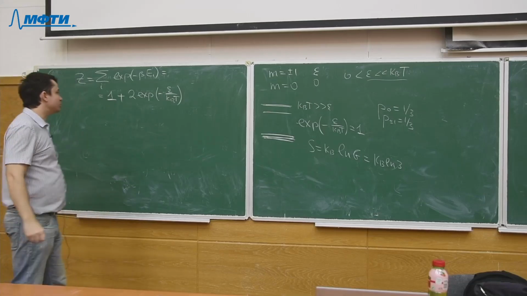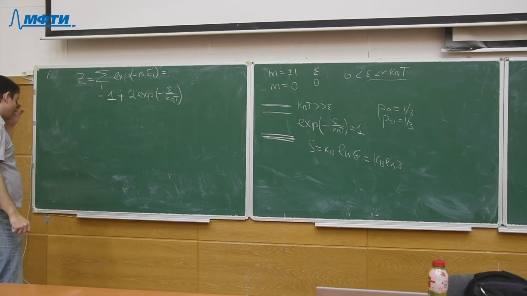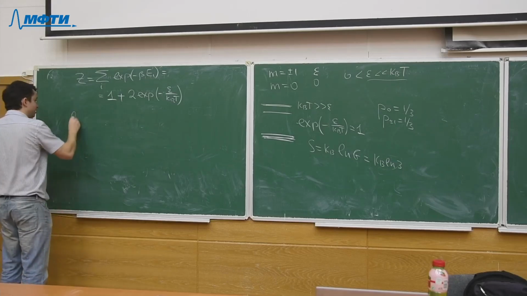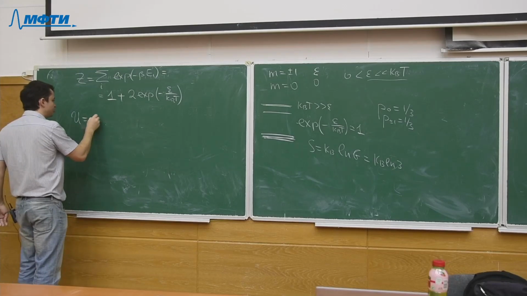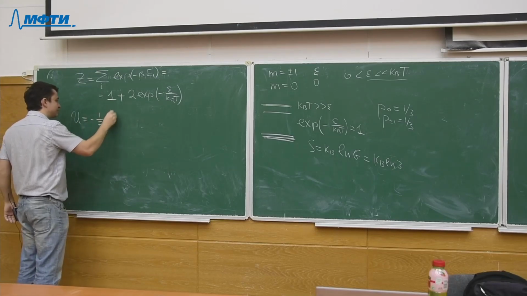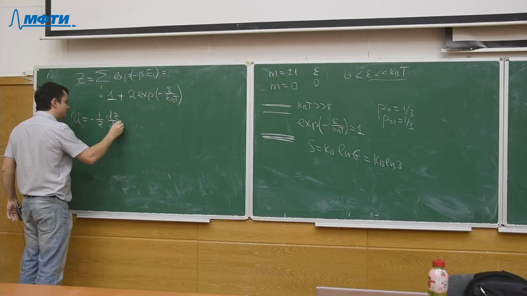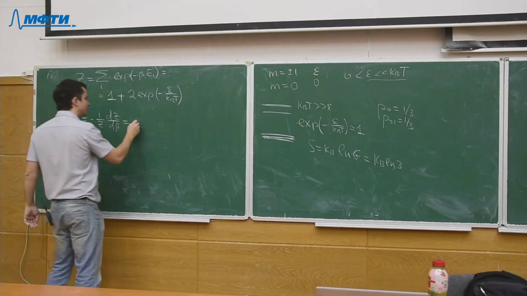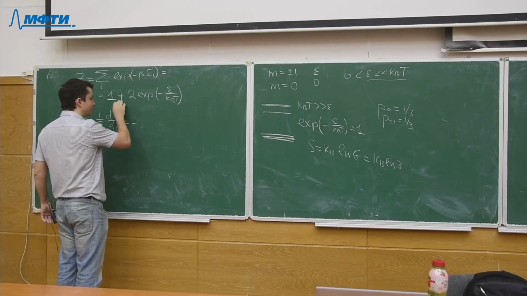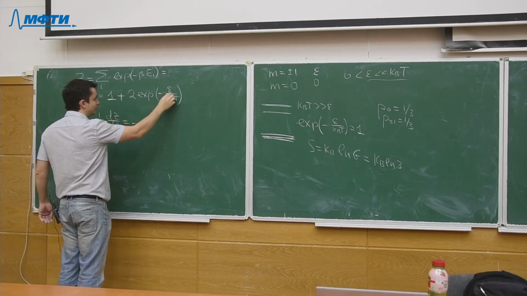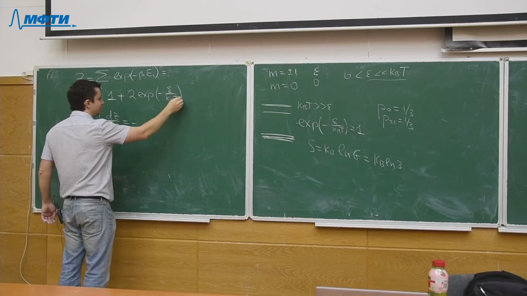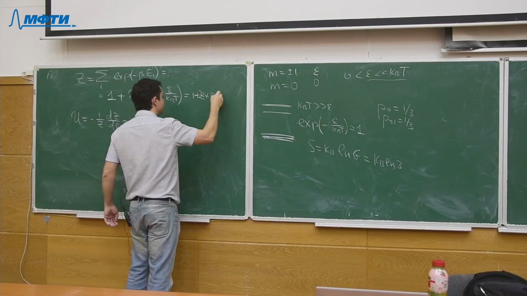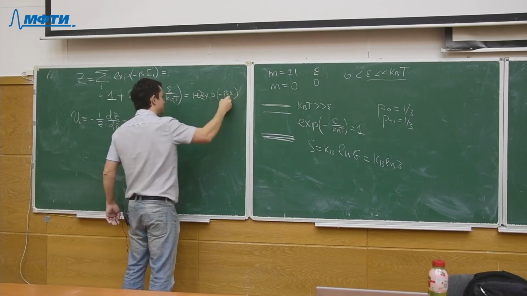Now I'm going to determine the internal energy of the system. The internal energy should be calculated as 1 over Z times dZ over d beta. And that gives me minus, okay, here, this is kBT. I can write that Z is 1 plus twice the exponent of minus beta epsilon.